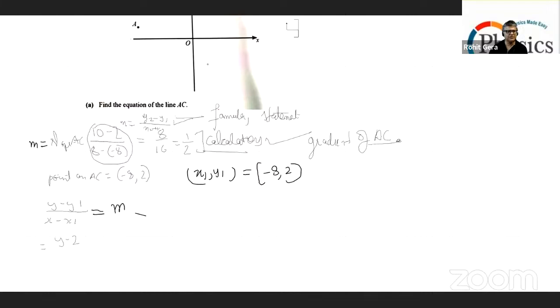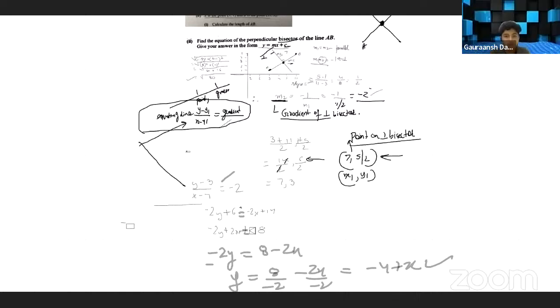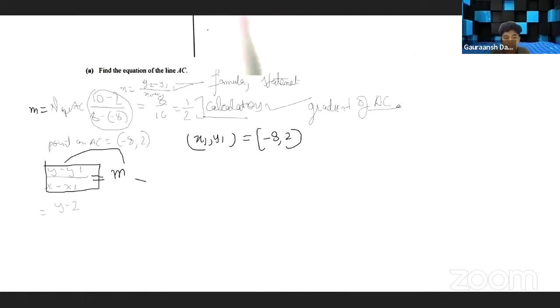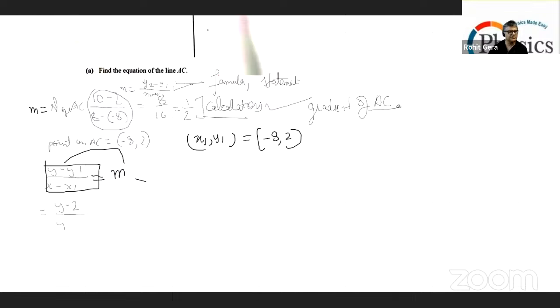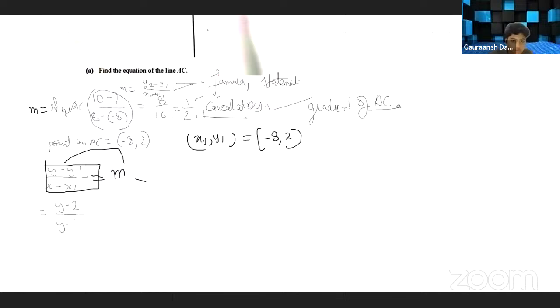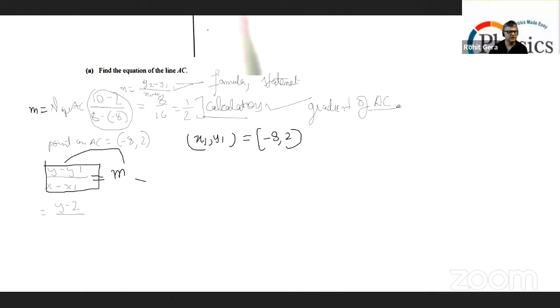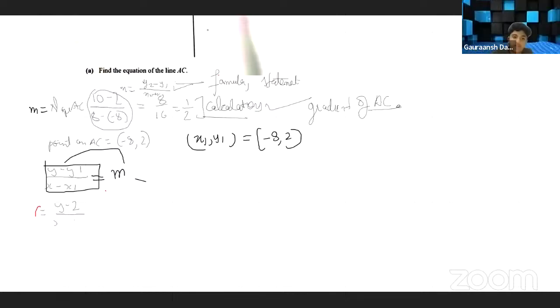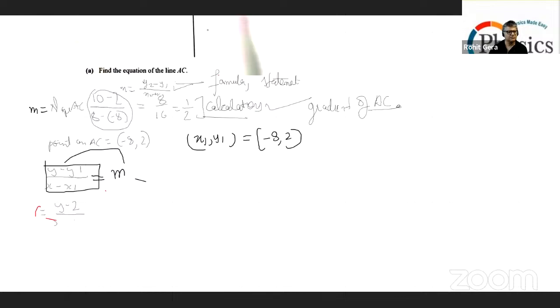I think you don't have clarity. You say it is similar and you just write this, and on the right hand side you forgot to write this. We already used this above. m equals y minus 2 over x minus minus 8.